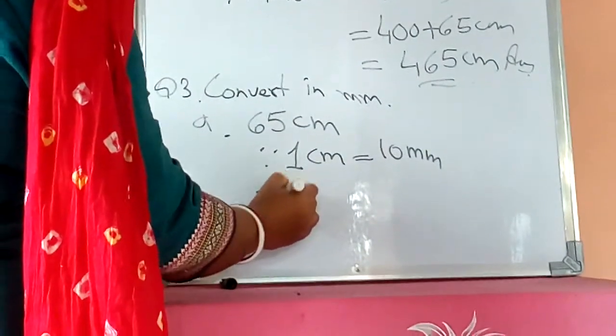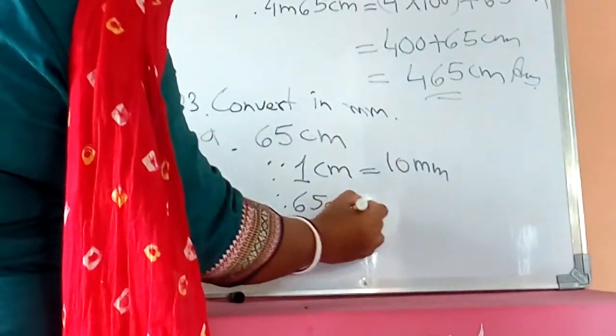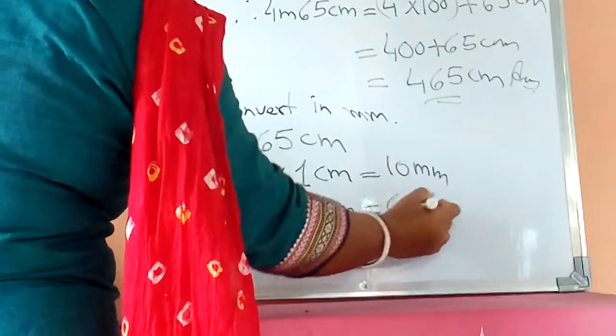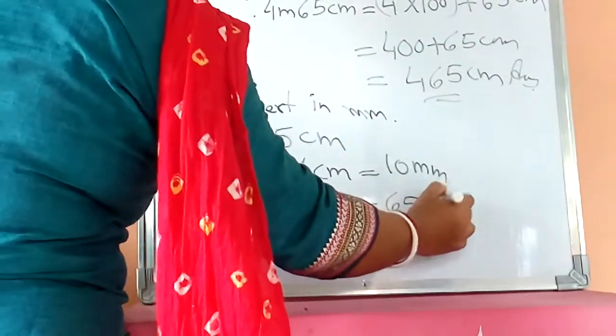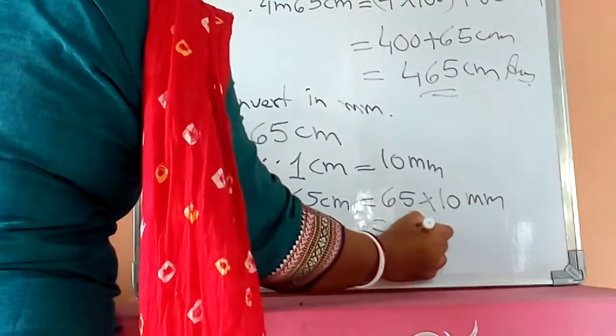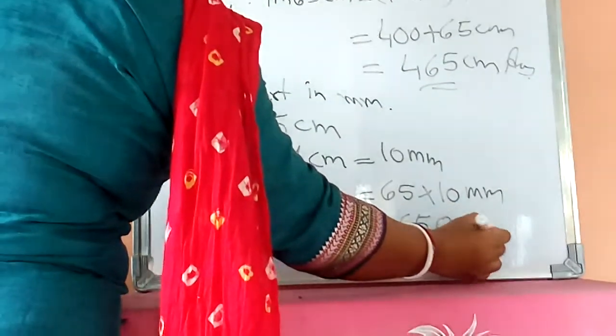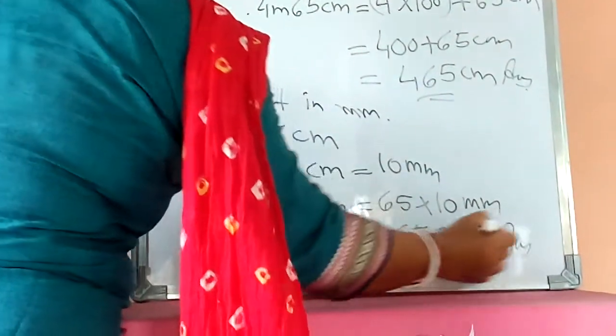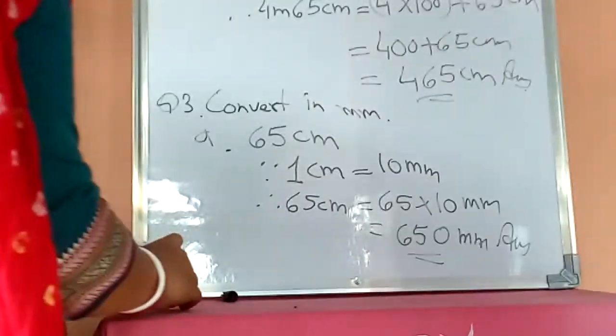Therefore 65 centimeter is equal to 65 into 10 millimeter, that is 650 mm. Okay, so this is the answer for millimeter.